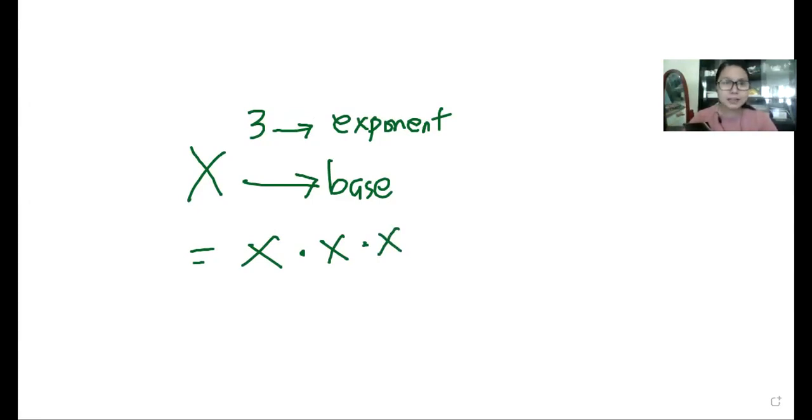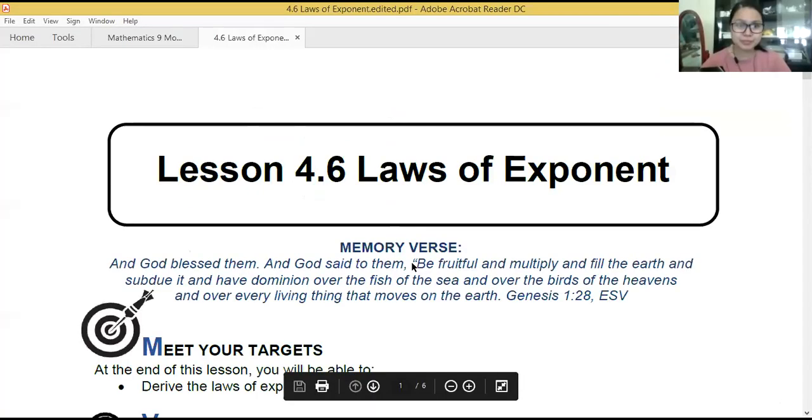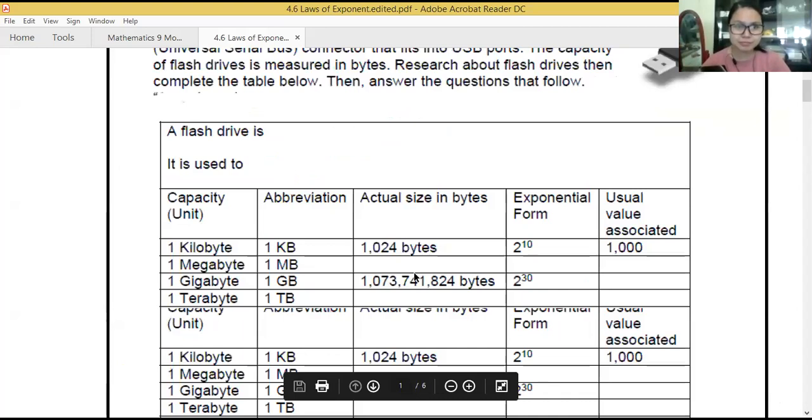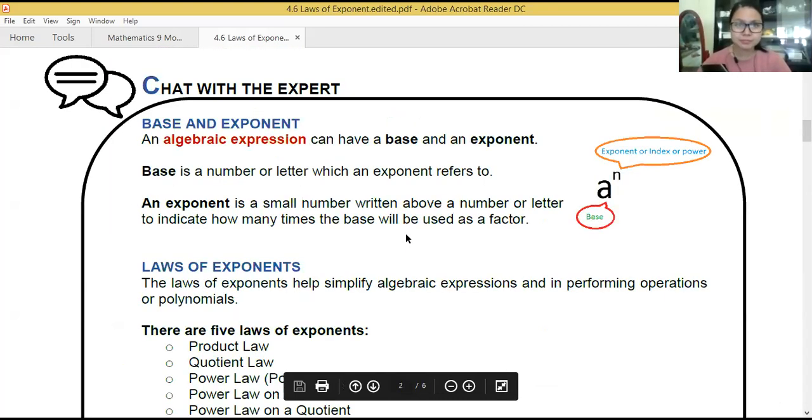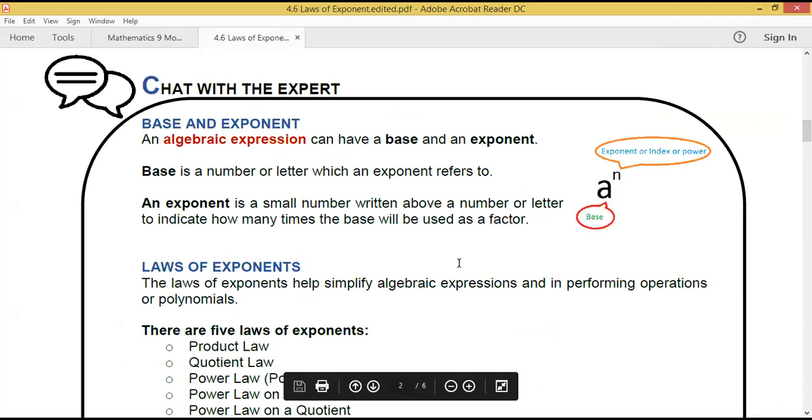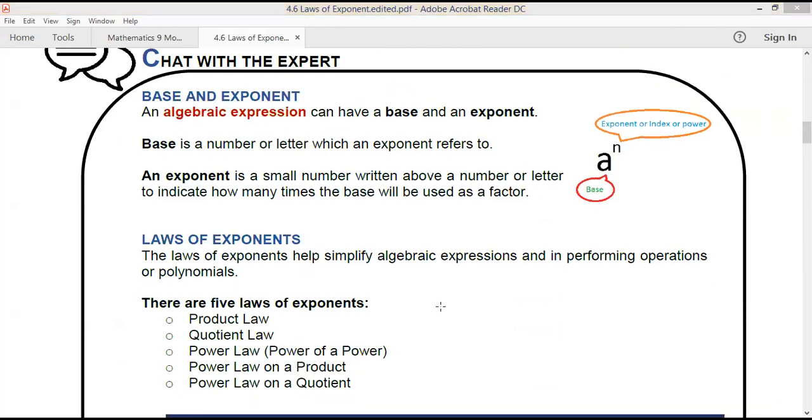Now, let us start with these problems. Ready? We'll have some laws today.